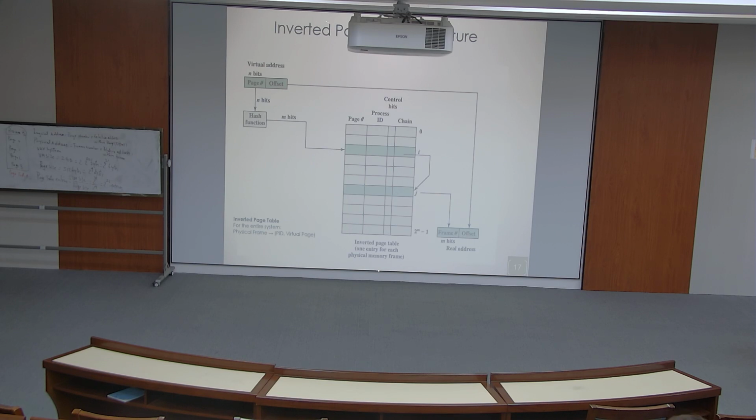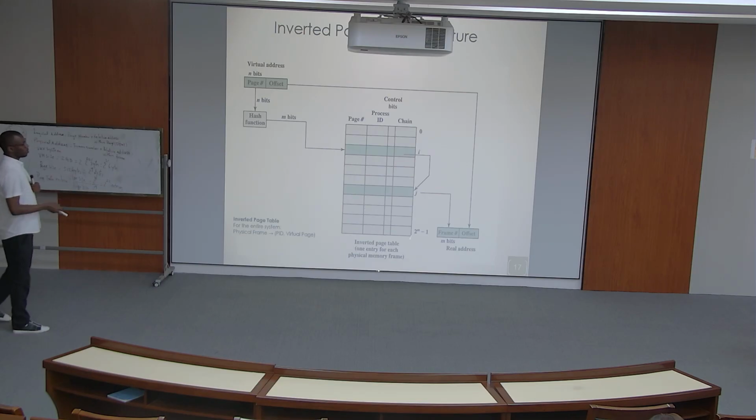So we have the inverted page table, which includes only one entry for each physical memory frame. You see we have the virtual address, which includes the page number, as well as the relative address within the page that we also call the offset. Then it is passed through the hash function to get m bits, and for the entire system we have the physical frame entry which includes the PID, that is the process ID, as well as the virtual page.